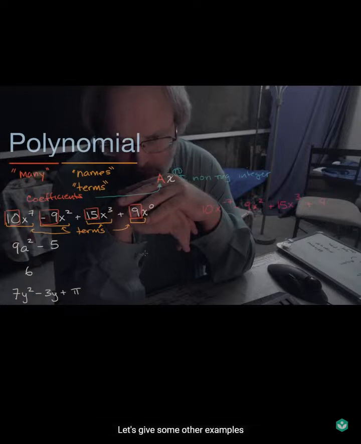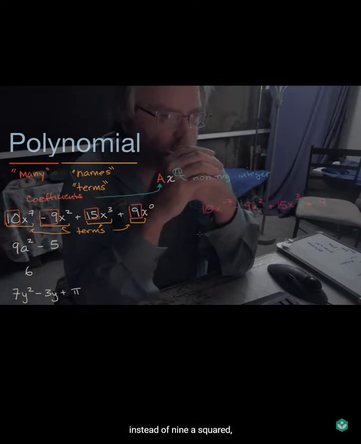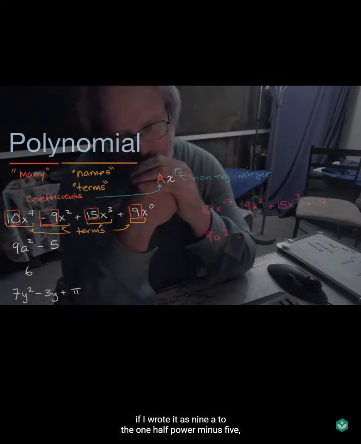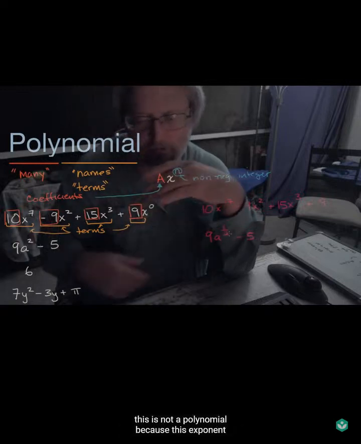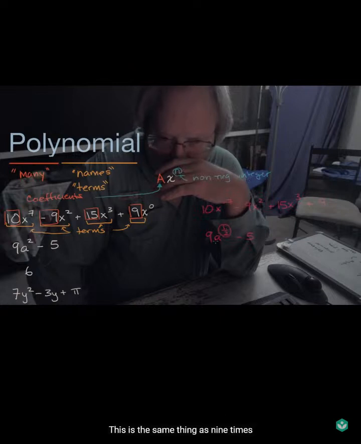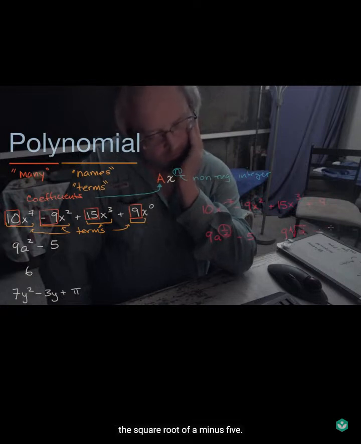Let's give some other examples of things that are not polynomials. So if I were to change the second one to, instead of 9a squared, if I wrote it as 9a to the 1/2 power minus 5, this is not a polynomial because this exponent right over here is no longer an integer. It's 1/2. And this is the same thing as 9 times the square root of a minus 5.